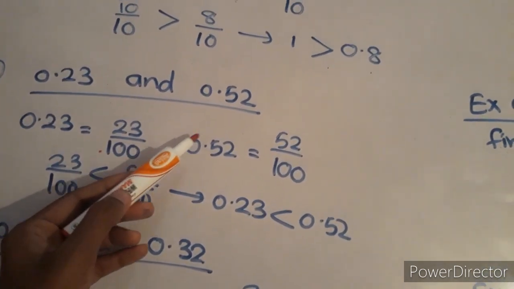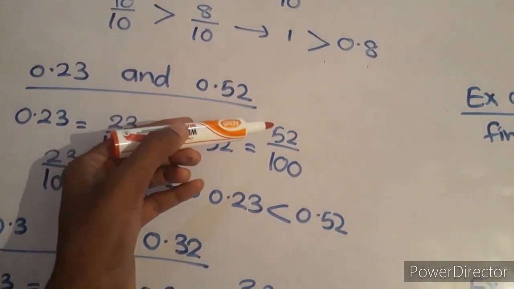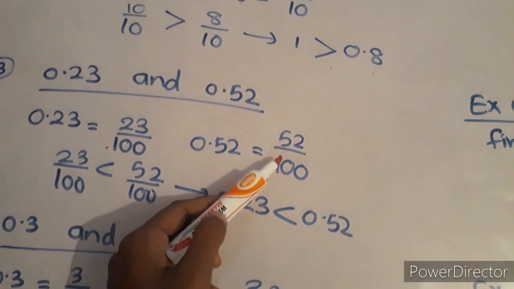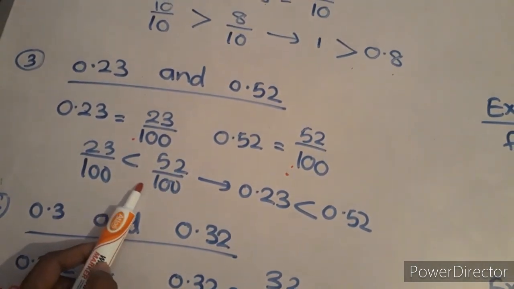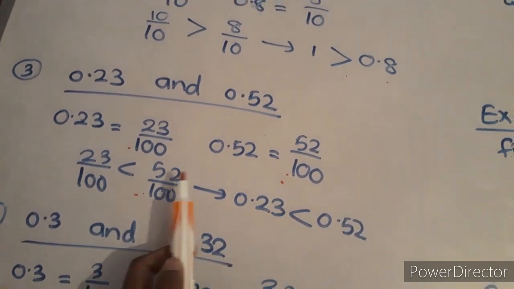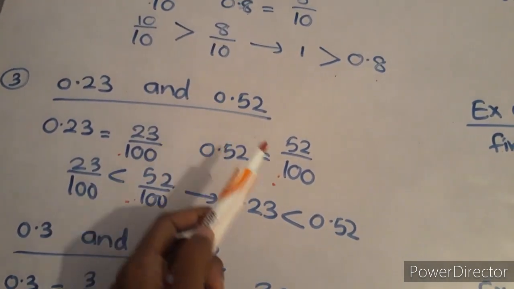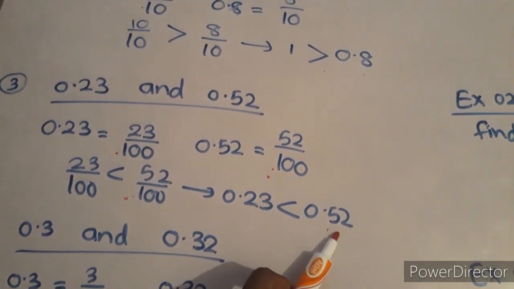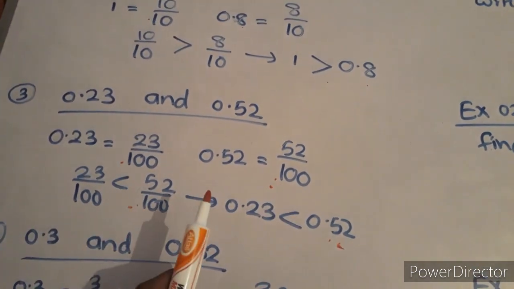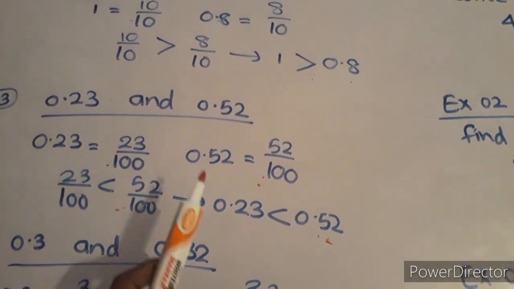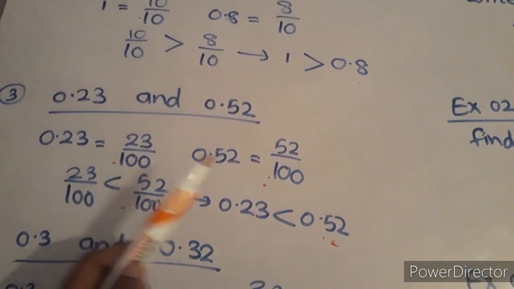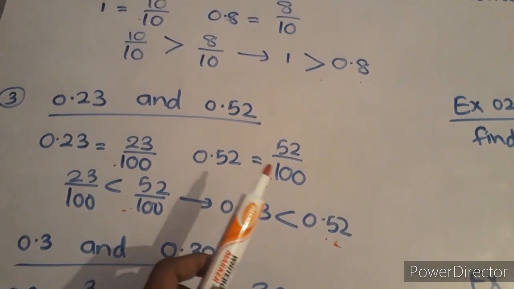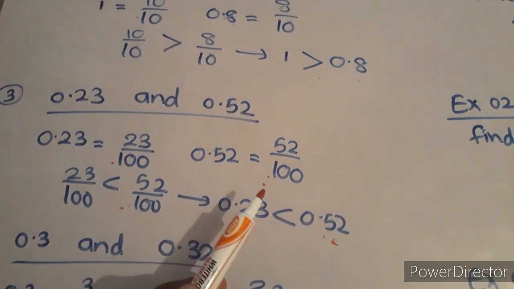This one, 0.52, we can write as 52 upon 100. Then what is the greater fraction? 52 upon 100 is the greatest. So which decimal number is the greatest? 0.52. So we have to convert into fractions and check which fraction is greater. Then the greatest fraction gives the greatest decimal.